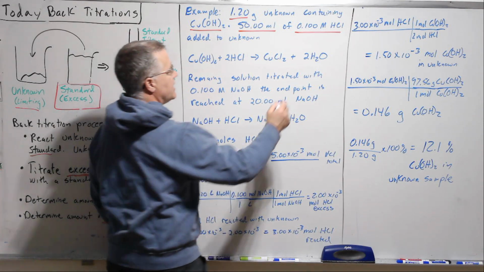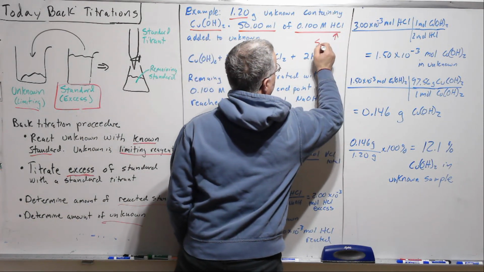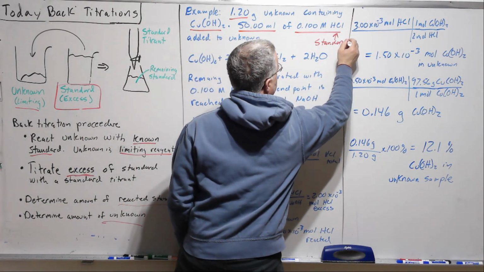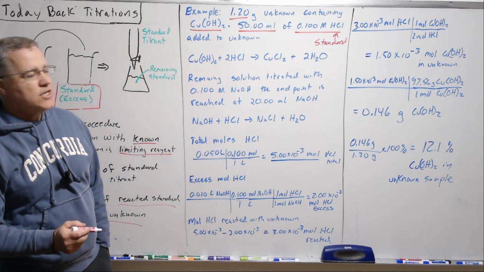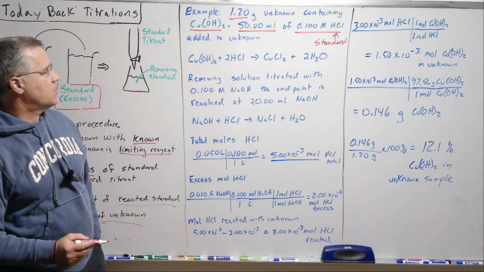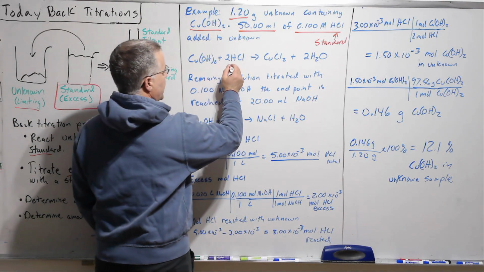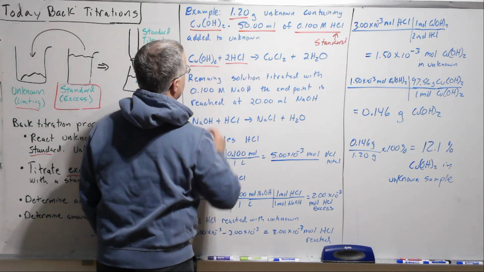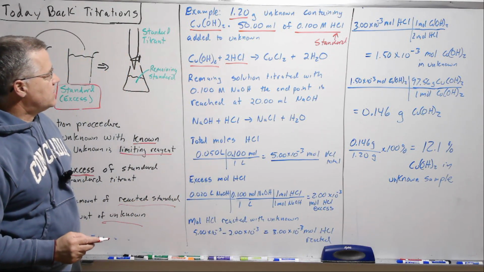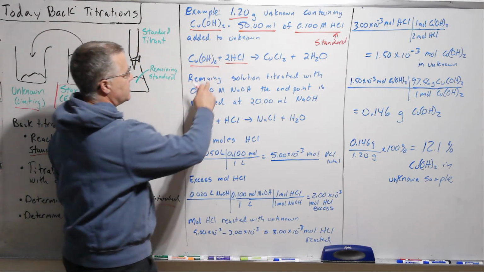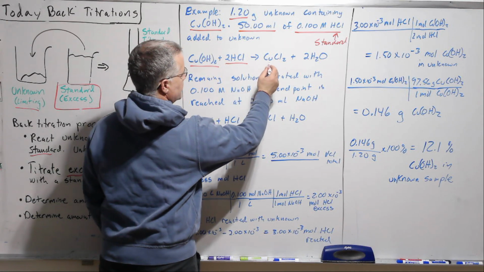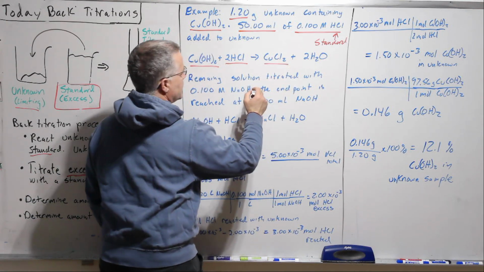So this is acting as our standard. So here's our standard right here, because we know precisely the concentration and we know how much we added. Now the reaction that will take place is the reaction of the HCl with this solid copper hydroxide sample, and that'll produce copper chloride and water.